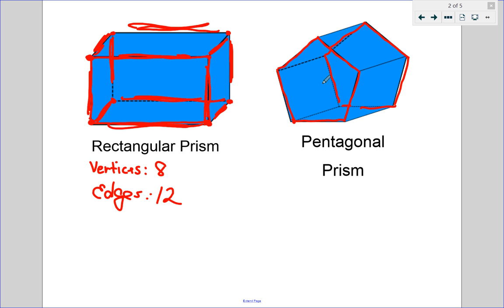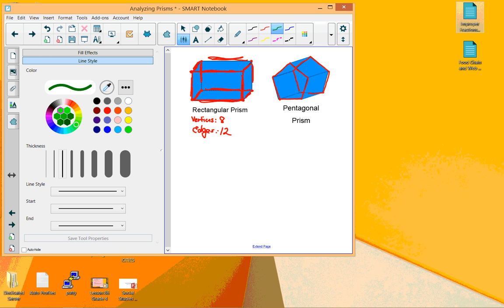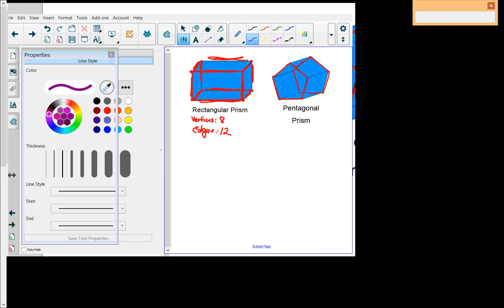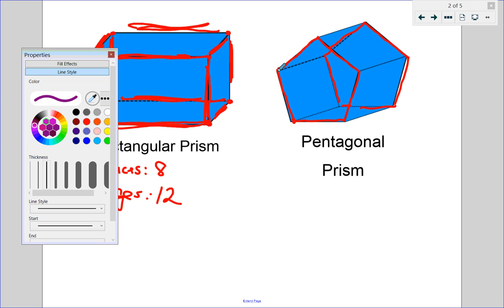And when we look at the vertices on here, how many vertices do we have? Well, let's take a look at the vertices now. So I have 1, 2, 3, 4, 5, 6, 7, 8, 9, 10.